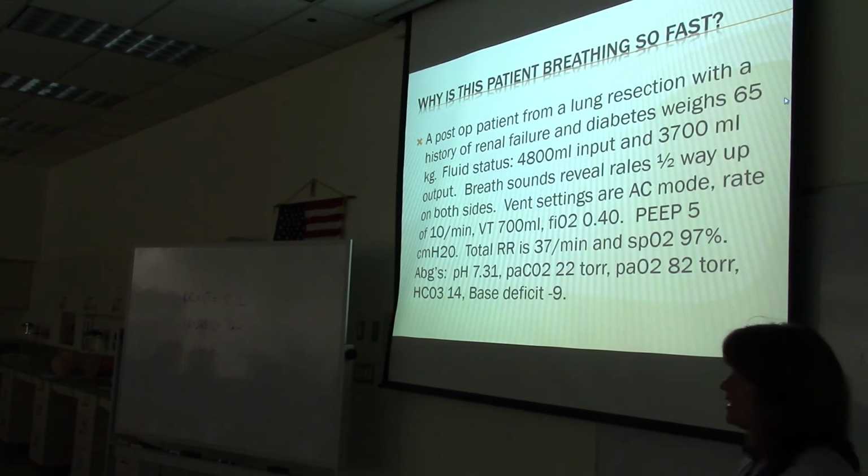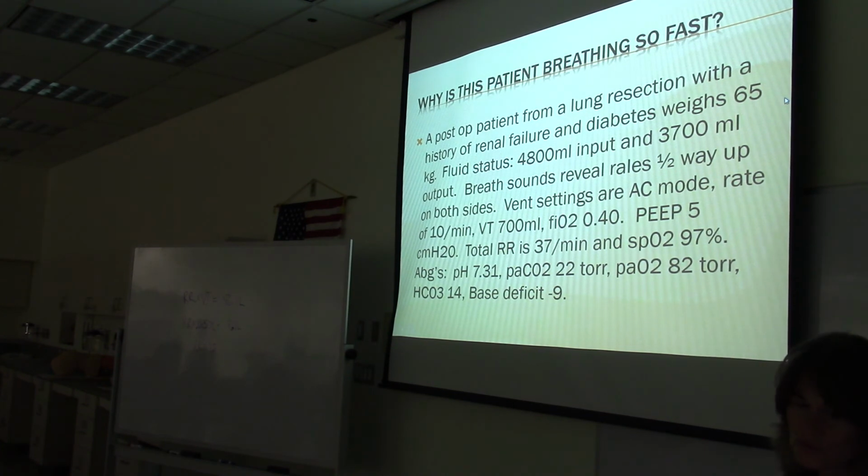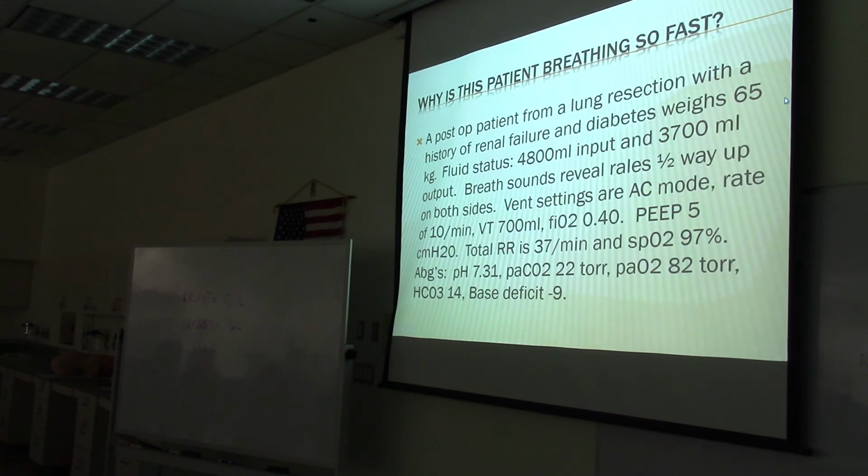Yes, and they also need dialysis to get rid of the fluid and to straighten out the acidosis by getting rid of the metabolites in the blood. Did you write the answer to why they're breathing so fast? To compensate for the metabolic acidosis?